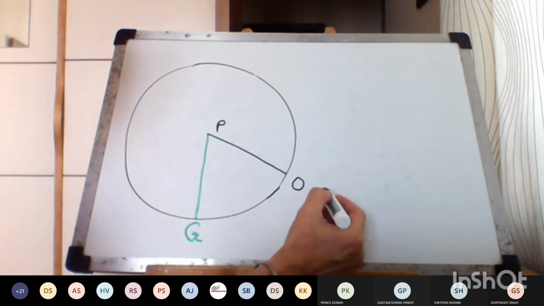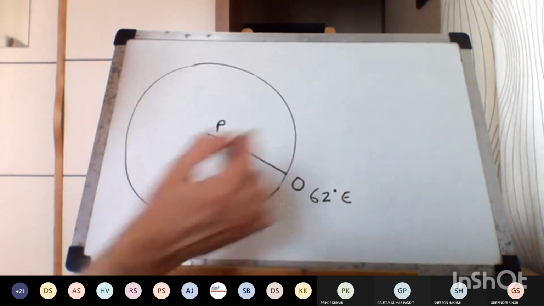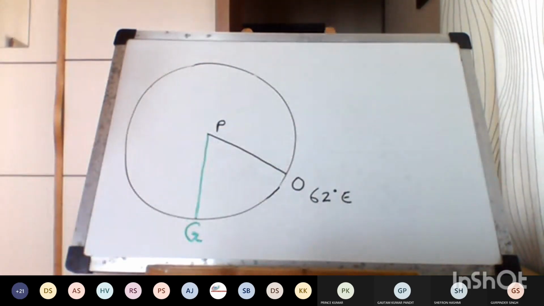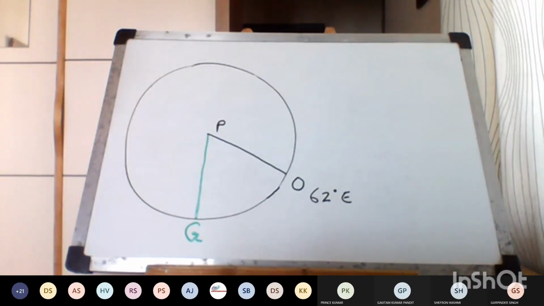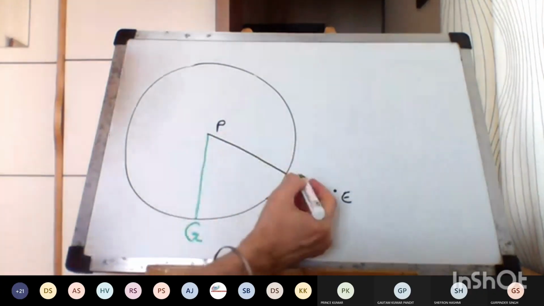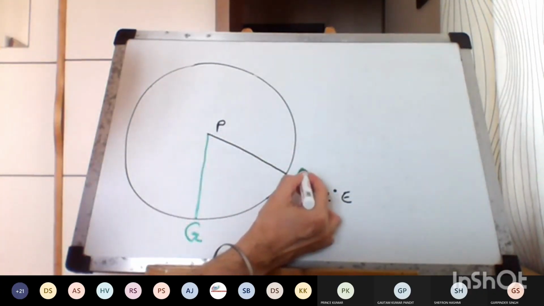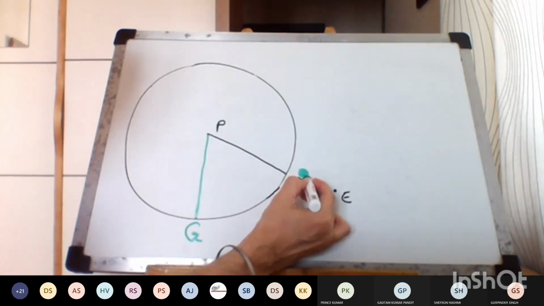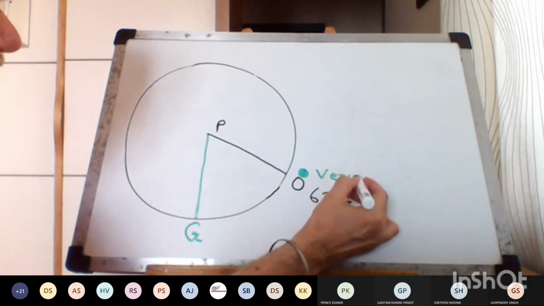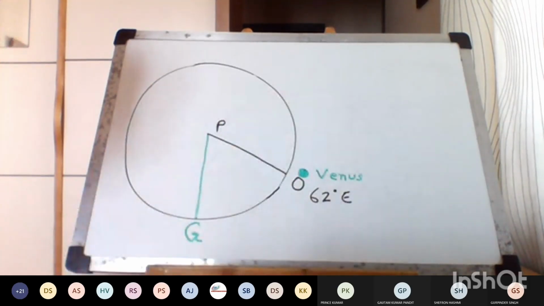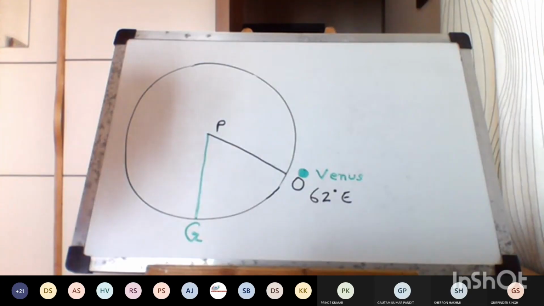Observer, 62 degrees east. What else can I do over here? The planet Venus was on the meridian of an observer, which means that Venus is also here, along with the observer. Venus is also here because Venus is on the meridian of the observer.